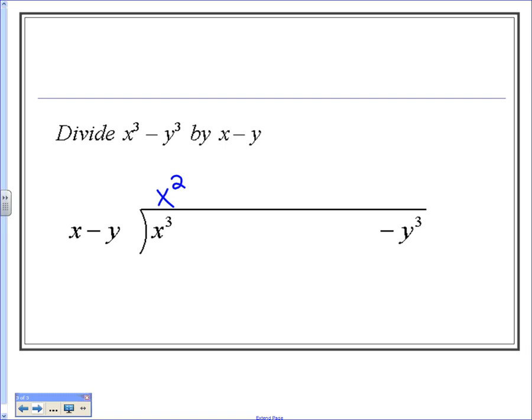X times x squared is x cubed. What comes next? Minus x squared y. Now what? Do I have any of these already? So how many do I have now? Now what?